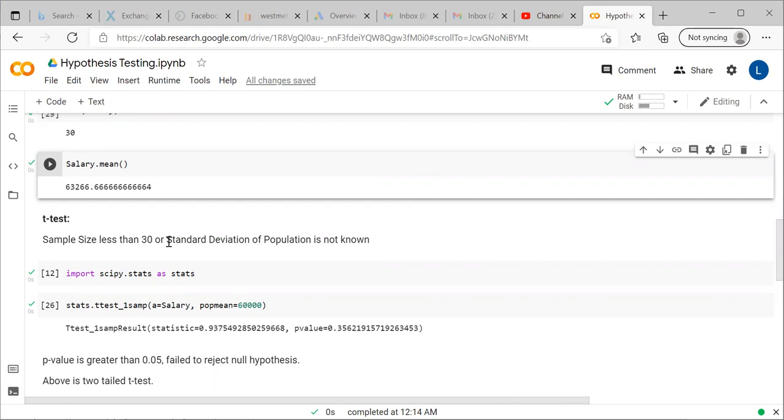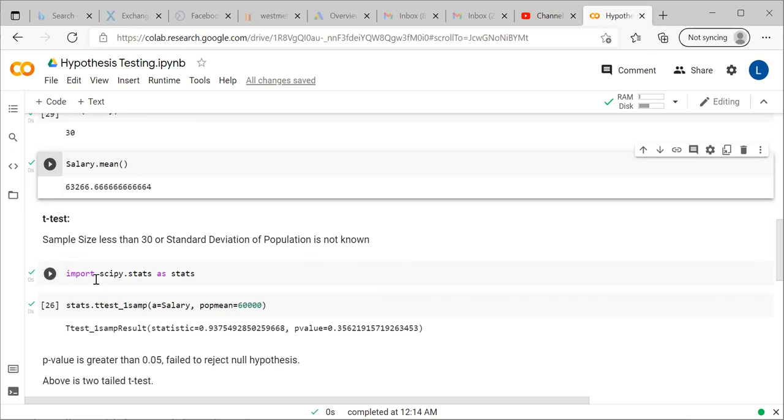But for a z-test, we will require the standard deviation of the population. But we actually don't know the standard deviation of salaries for 5 years experienced professionals. So since we don't know the standard deviation, we are going to conduct a t-test.